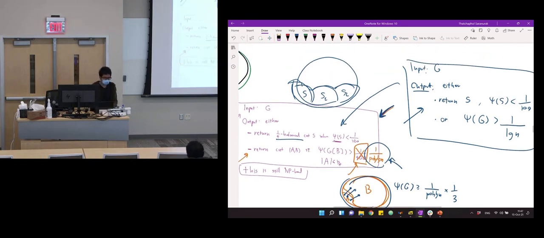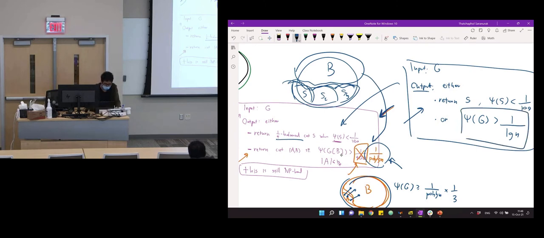But if at some point you cannot find any more, and this is still small, it means that this is your B side. And the B side here is actually 1 over log expansion. So that's how you get this case.